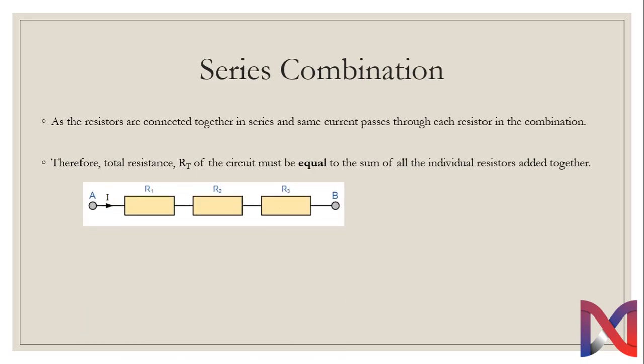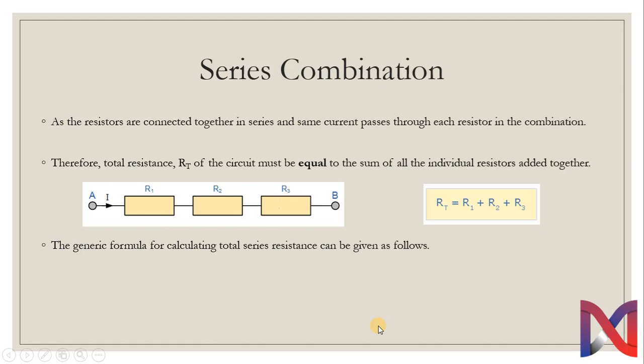For example, if we have 3 resistors connected in series, then its RT will be equal to R1 plus R2 plus R3. Therefore, the generic formula for calculating total series resistance can be given as follows. R total is equal to R1 plus R2 plus R3 plus Rn, etc.